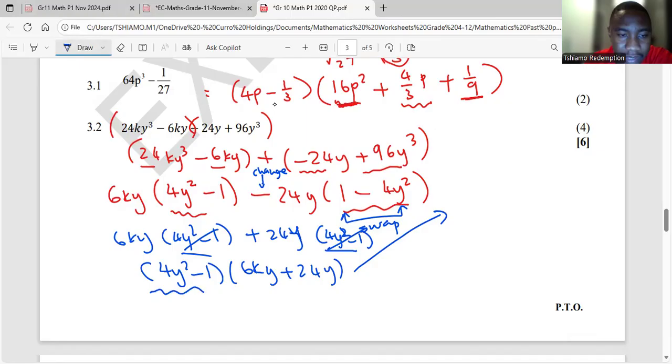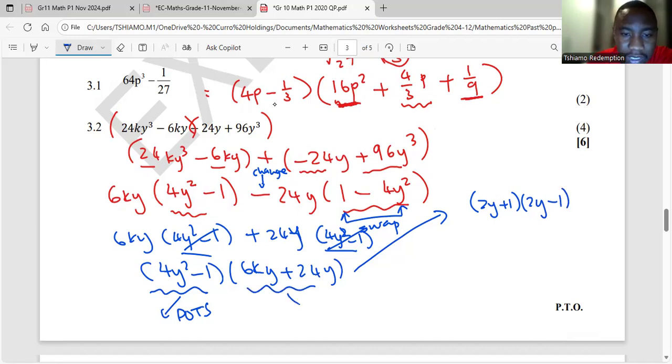So in the first bracket, I see difference of two squares. So I'm going to do that one, which will be 2y plus 1 and 2y minus 1. In this bracket, I see a common factor, 6 and y. So I'm going to put it here in front.